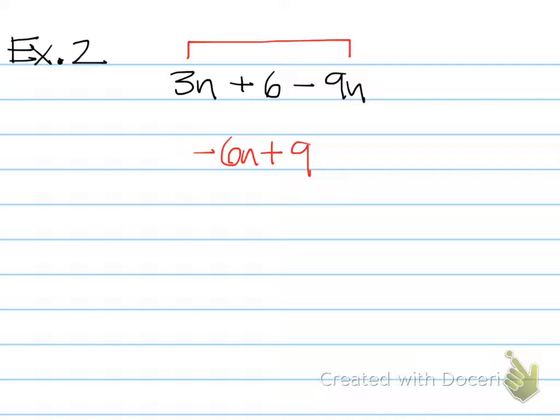Let me fix that. All right, so this should actually be a 6. 3n minus 9n is negative 6n, and then we have that constant plus 6. All right, good.